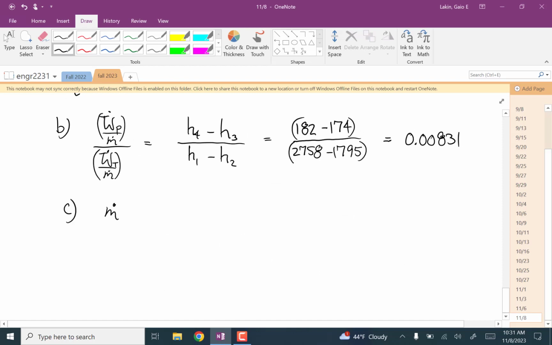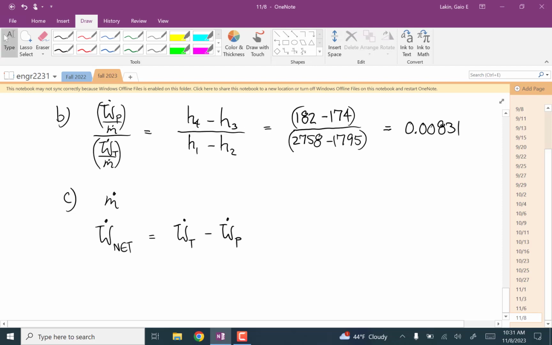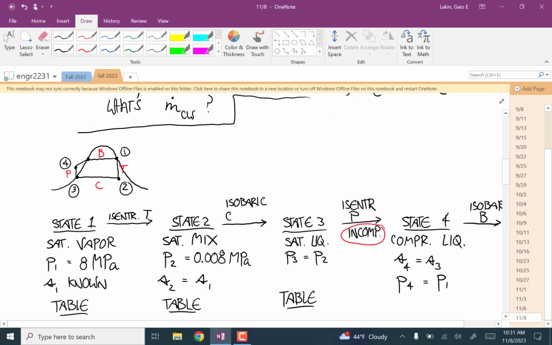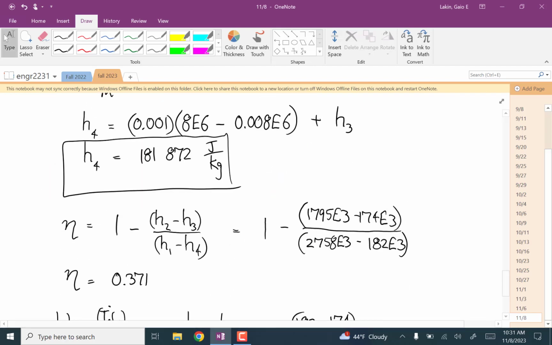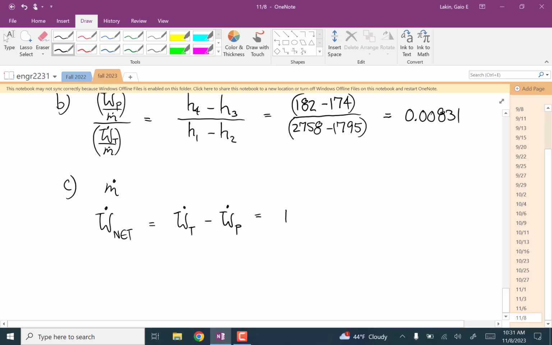We know that the net power, which is the rate of work done at the turbine minus the rate of work done at the pump, is equal to 100 megawatts. So that's equal to 100 times 10 to the 6.